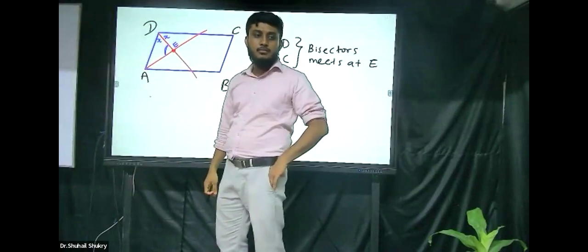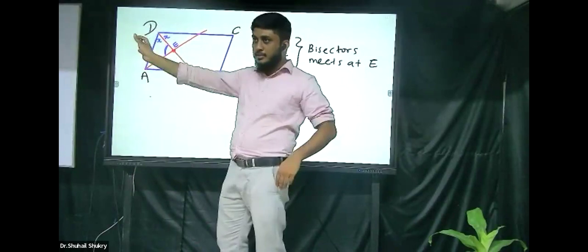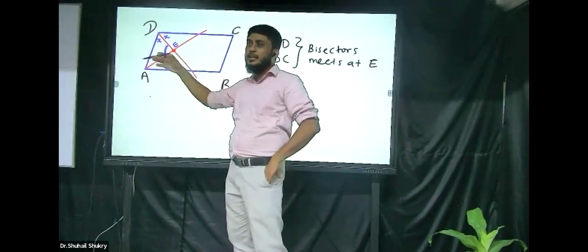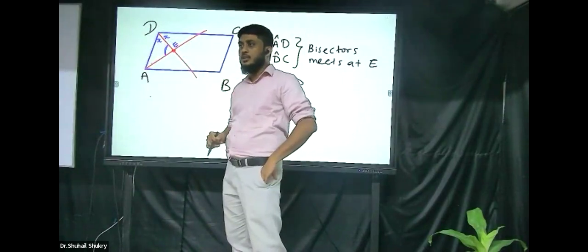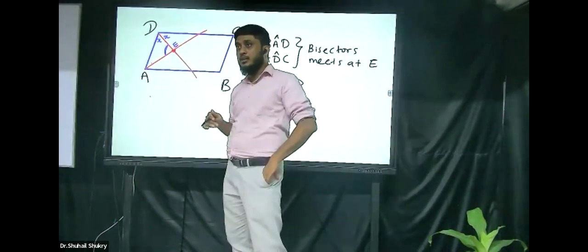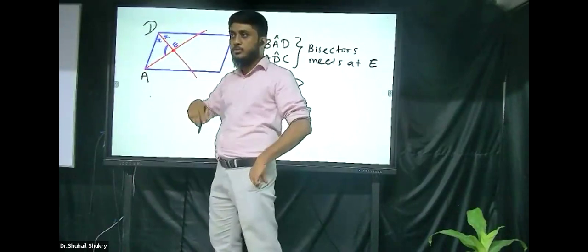Do you have any reason? Isosceles triangle. Now this one, we don't have any evidence to say, because they didn't say this one and this one are equal. So what we can do, we take another variable.